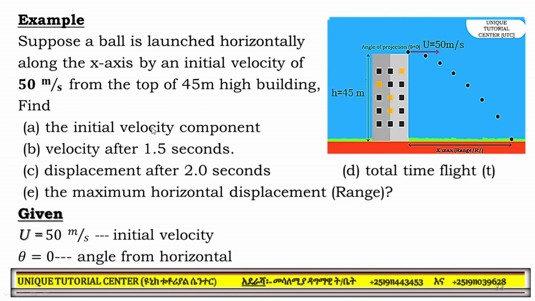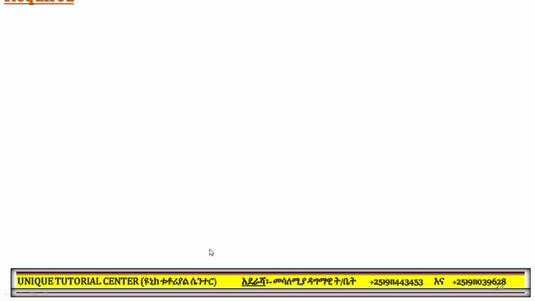Therefore, find the initial velocity components ux and uy. Find the velocity just after 1.5 seconds, using the horizontal and vertical velocity components. Find the displacement after 2 seconds. So what is required?